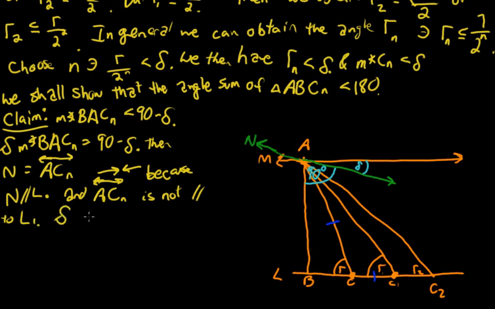Now suppose the measure of angle BAC sub n is greater than 90 minus delta. So we ran into a contradiction when we assumed they were equal. Now we'll assume it's greater than. Well, I need a point D out here.